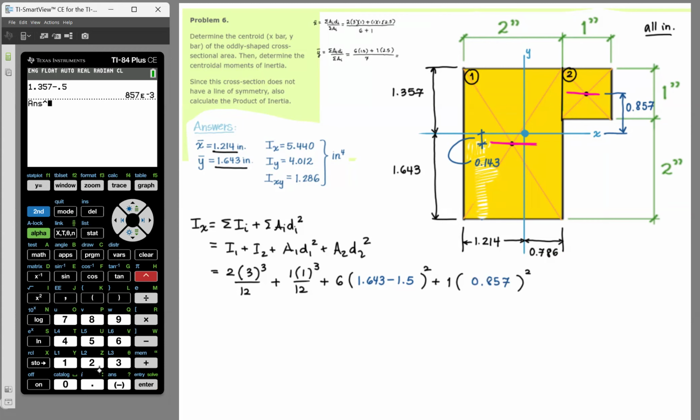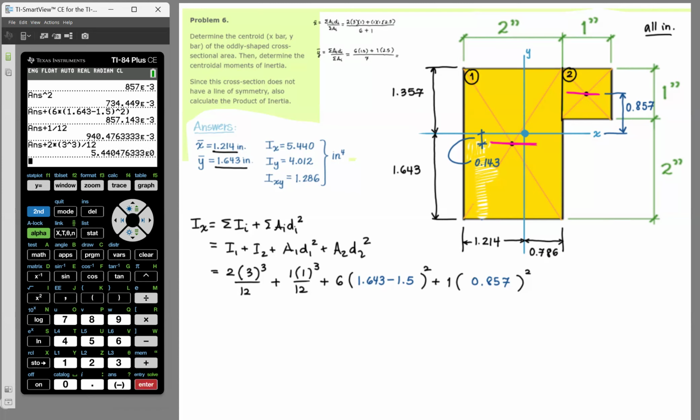So I'm going to go ahead and square what's in there. Multiply by 1 plus 6 times 1.643 minus 1.5 squared plus 1 divided by 12 plus 2 times 3 cubed divided by 12.